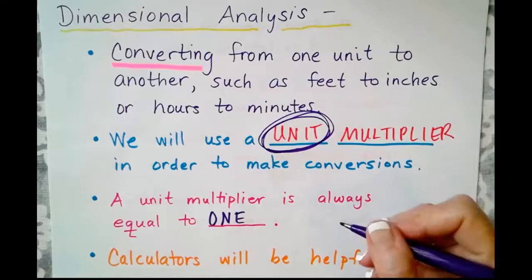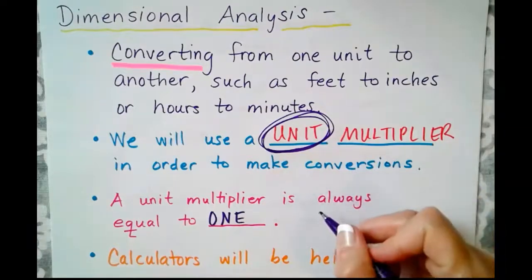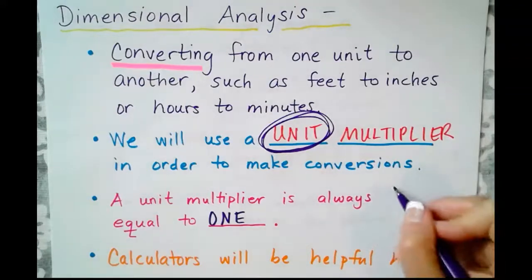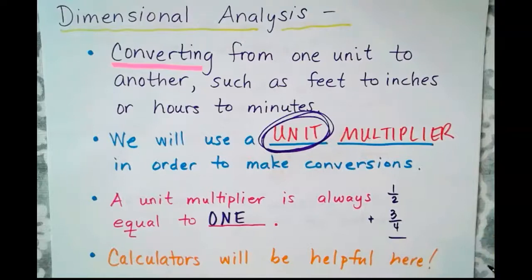So here's a quick example of when you have used a unit multiplier before. If we have 1/2 plus 3/4, we use unit multipliers in order to get a common denominator. So if we have 1/2 and 3/4, 2 and 4 are our denominators, our common denominator would be 4.